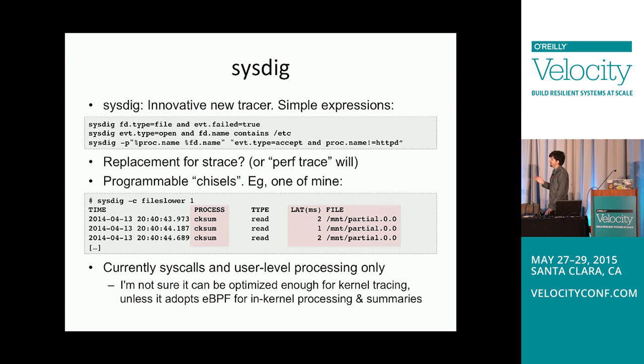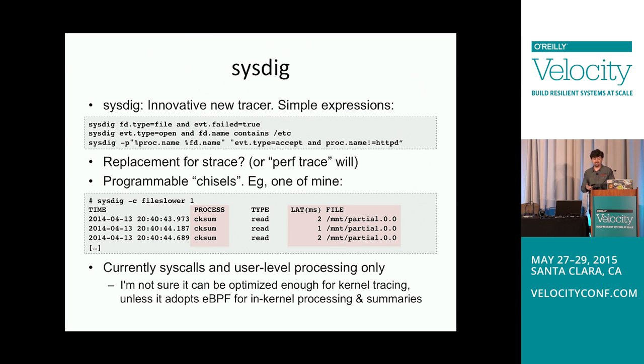Sysdig is another Linux tracer. It's pretty interesting. It's got an innovative new syntax that's reminiscent of tcpdump, and you can create programmable chisels. There's one that I wrote for doing latency. It also does spectrograms on the command line that look like those eBPF heat maps. I'd love it to integrate with eBPF so that it can improve its efficiency, because currently it dumps everything to user level for post-processing.